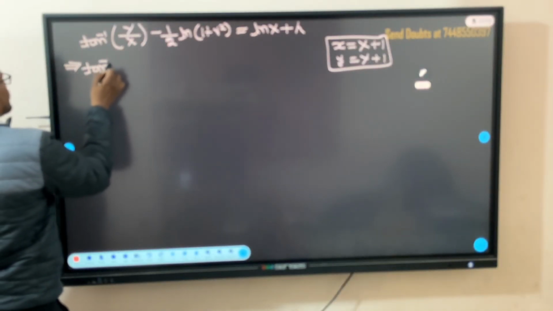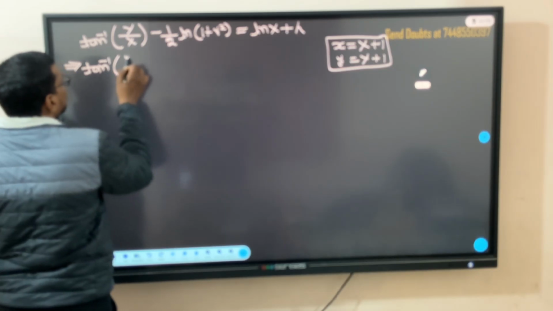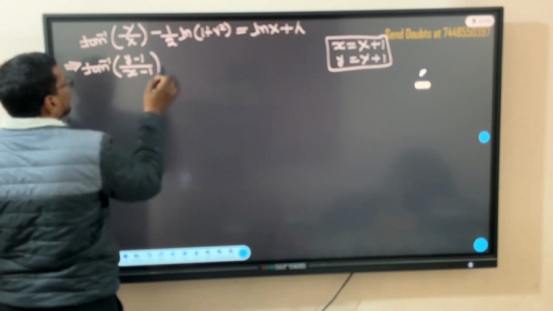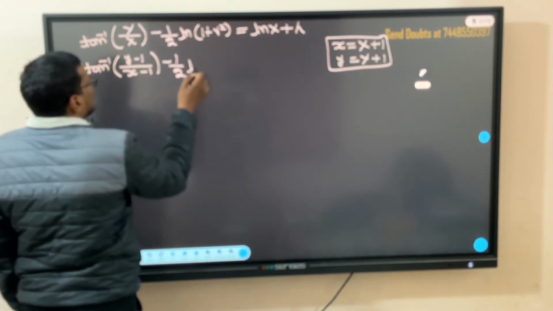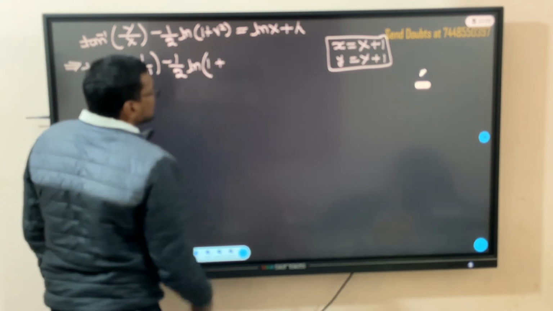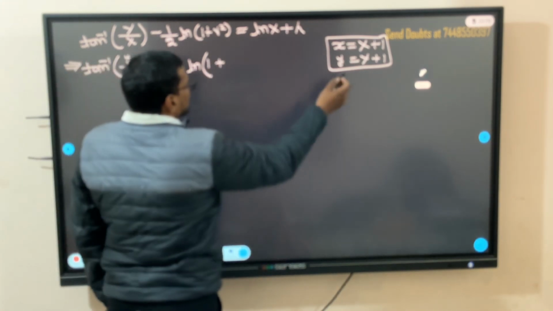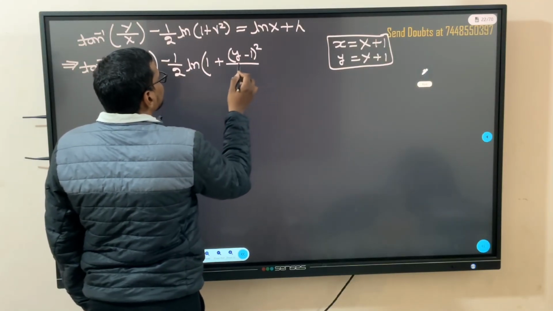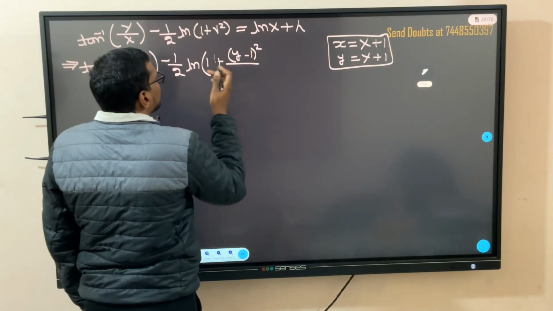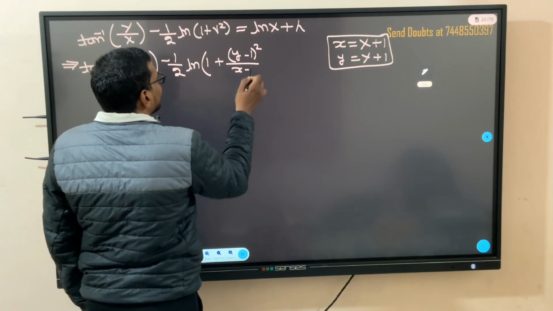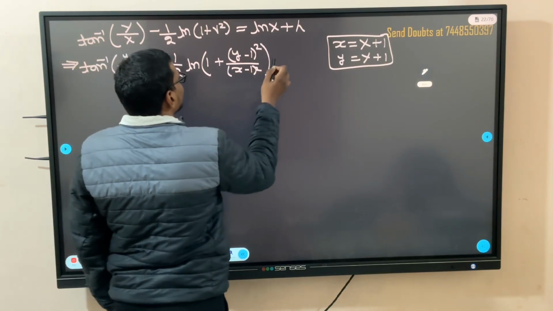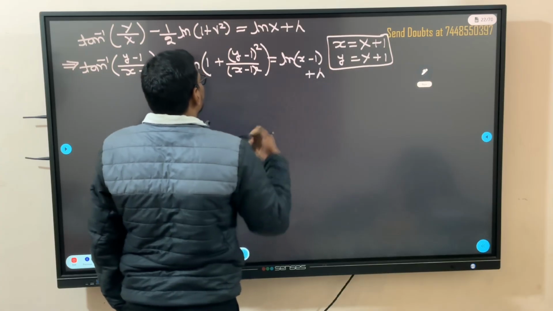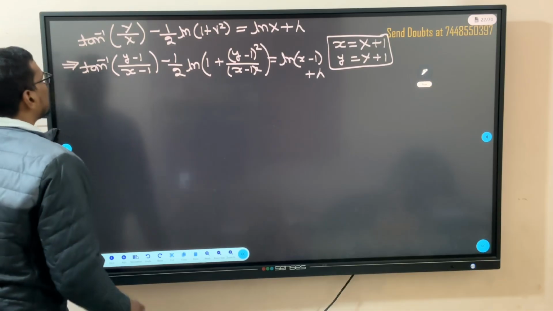So tan inverse of y by x, where y is y minus 1 and x is x minus 1, minus half ln of 1 plus v, where v is y by x, so y square by x square, that is (y minus 1) whole square upon (x minus 1) whole square, equals ln of x minus 1 plus lambda. Right? So we got till here.